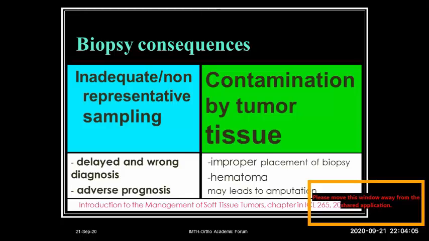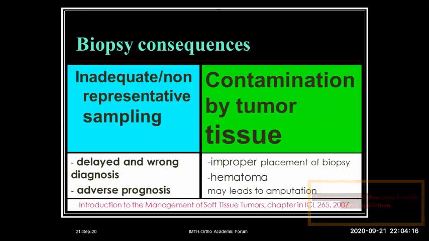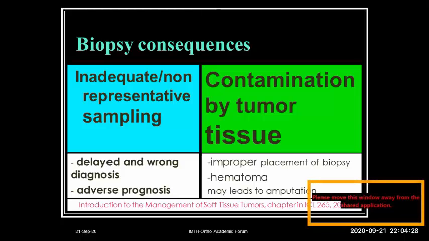You need to know which compartments are involved and which are not involved. You also have to do the biopsy with minimal devitalization of the tissues and stay away from major blood vessels in order to avoid hematoma, because hematoma and bleeding could be a potential route for the tumor cells to spread to another area by seeding.